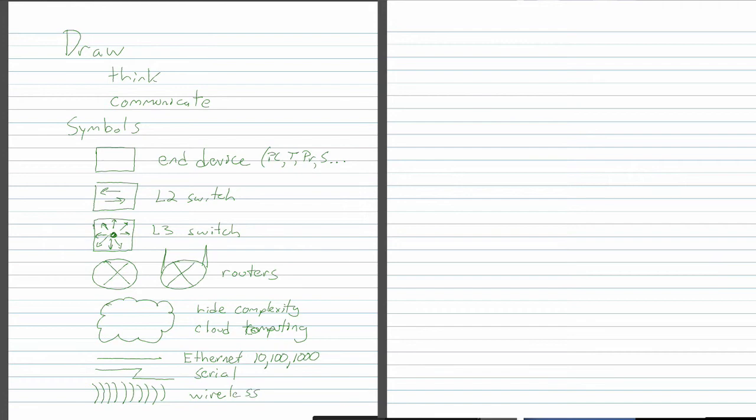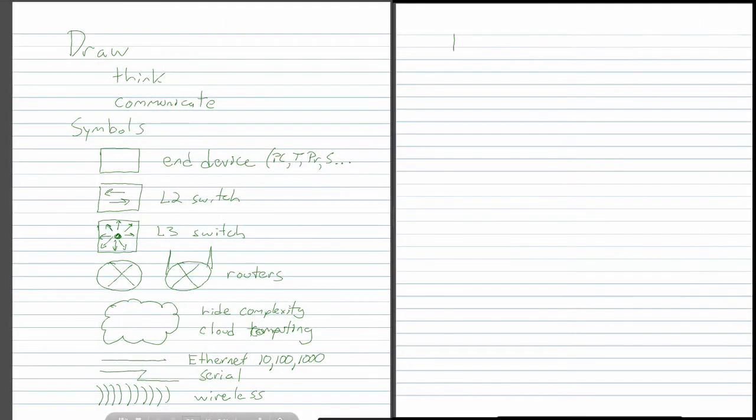So using this basic vocabulary of symbols, we can draw a fairly diverse set of networks. Consider curriculum page 1331. There's a network topology there that we'd like to draw parts of by hand. Let's start with the home office part of that diagram, which is a local area network, LAN.